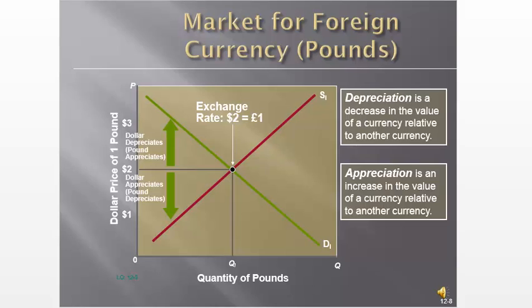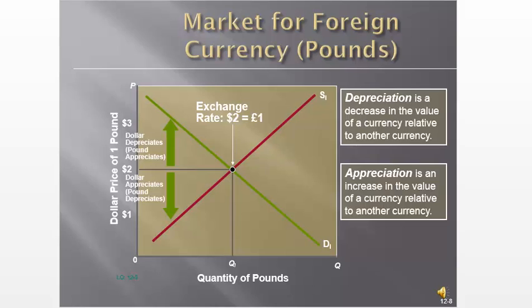Here, in this example, that is $2 American. So this example looks at how many US dollars are required for 1 British pound. Looking at the graph, we can see that the exchange rate in dollars per pound is $2 to 1 British pound.